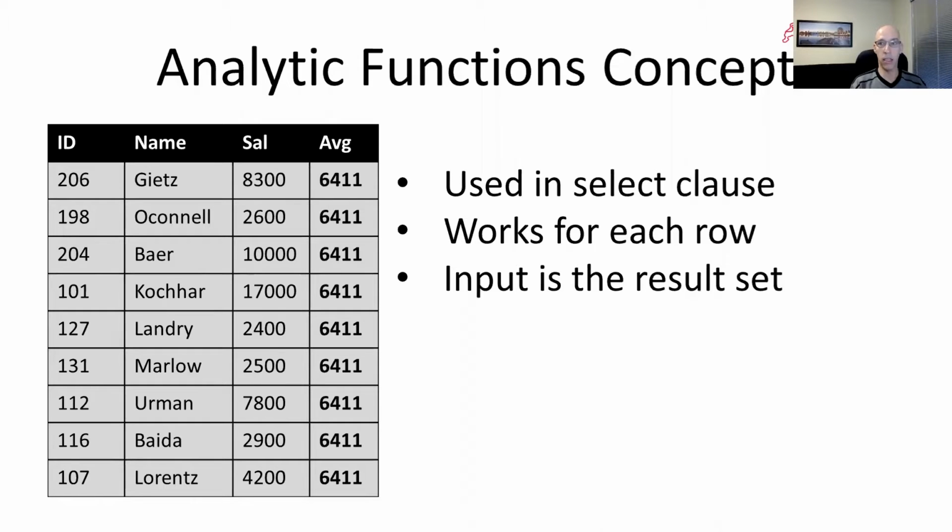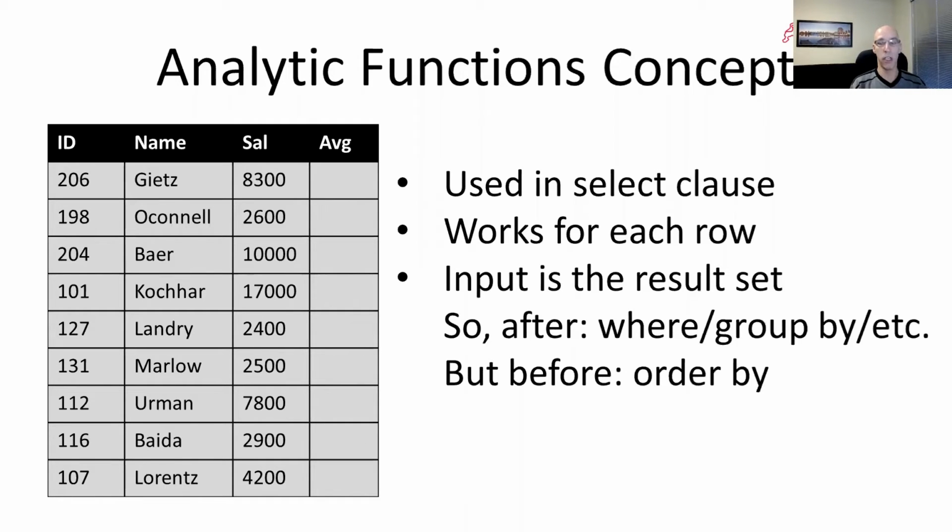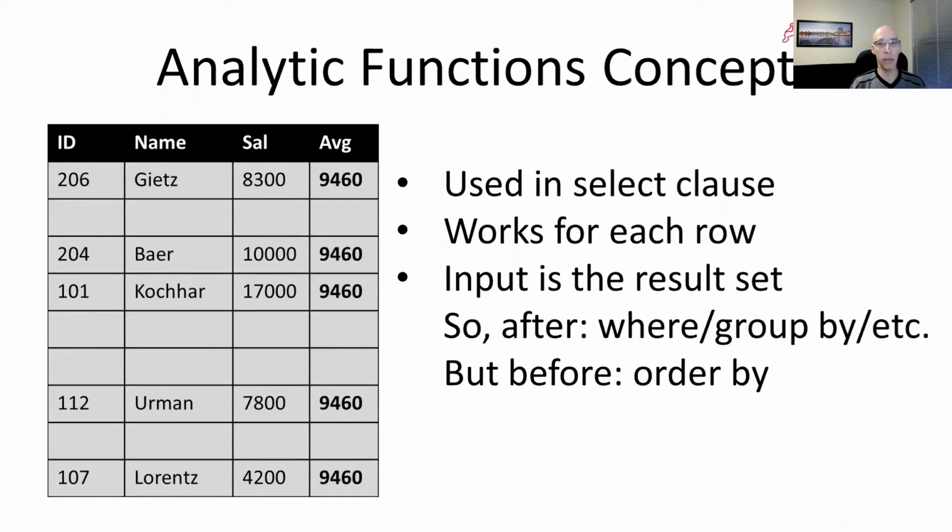And the analytic functions work after the group by or the where, or anything else that eliminates rows. So in this case, if we eliminated a few rows because of a where clause, or something else, you'll see that the average of the analytic function is now a different number because it's calculated based on the rows that are remaining after the group by or the where clause.